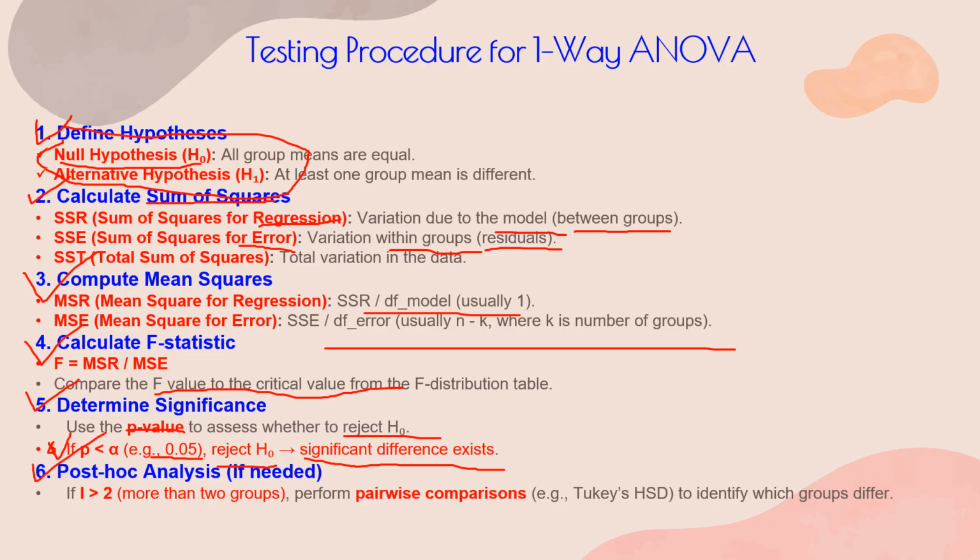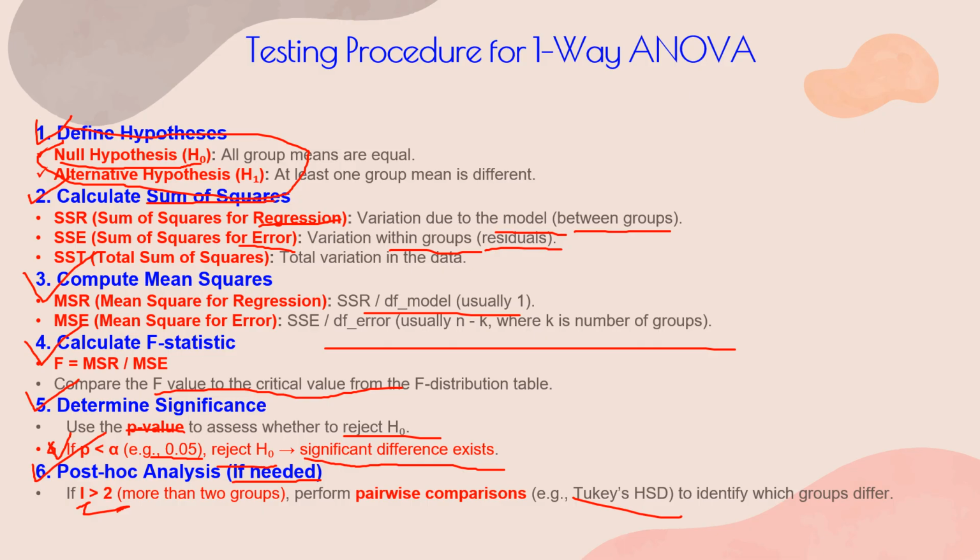And number 6 is post hoc analysis, if needed. If the level is greater than 2, meaning more than 2 groups, you perform pairwise comparisons, such as Tukey's HSD, to identify which groups are different.